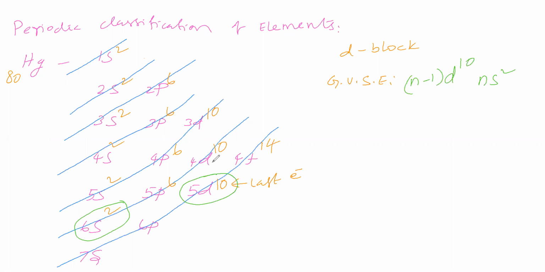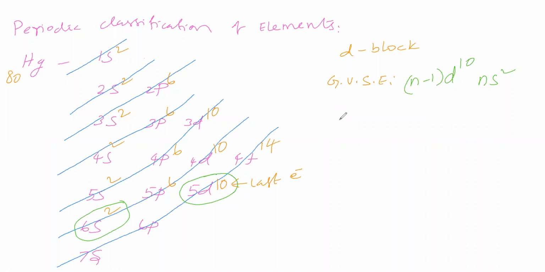Okay, sir. So the outermost shell we have to take, and the penultimate shell d subshell we have to take for d block elements. Next, whether it is a d block in the sense of transition elements or not, that we have to say. Transition elements have two definitions.